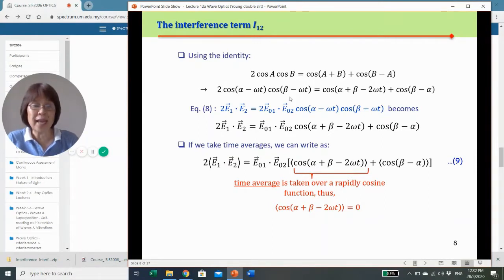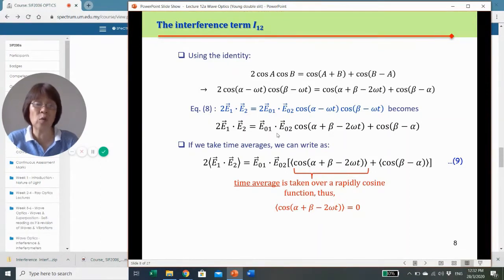So now equation 8 written in this form will then become, remember we put a factor 2 there just now, so now it is useful. The 2 E01 dot E02, substituting 2 cosine of this function with this one, we have already taken care of that.